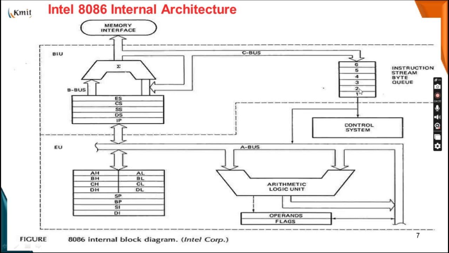It fetches the instructions, the control system decodes them into machine understandable language, the arithmetic and logic unit performs the operations, and the output is stored into the registers. This is how the internal architecture of 8086 performs. This is what we studied in the previous session.